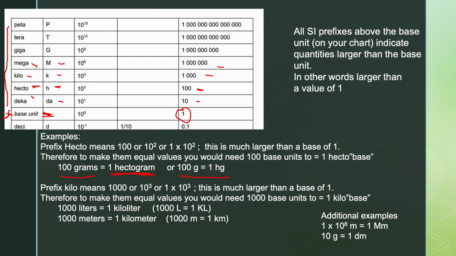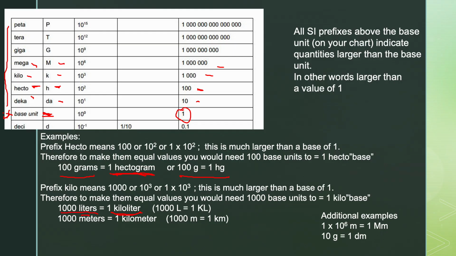Kilo means 1,000. Again, that's much larger than my base unit. So when I add the kilo prefix onto a base unit, I've now increased that value much larger. It's now 1,000. So when I look at an example, a kiloliter, that's telling me if I have a kiloliter, how many liters would I need? How many base units? I would need 1,000 base units.